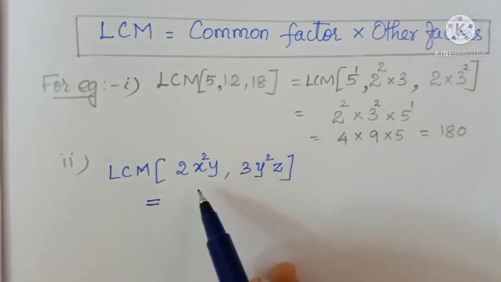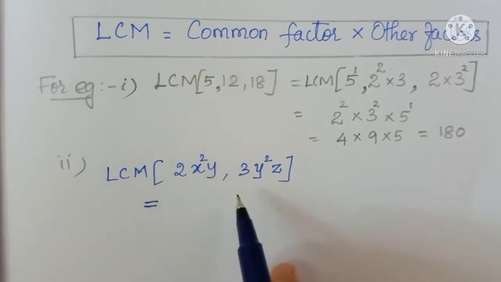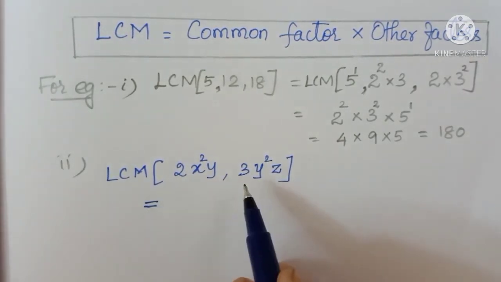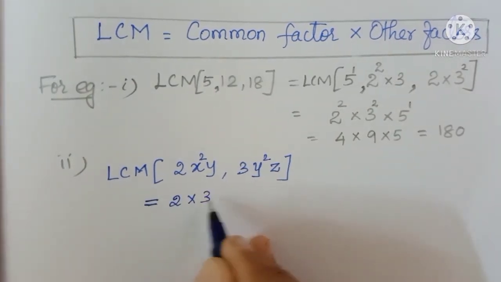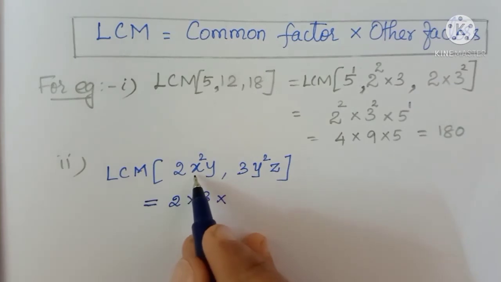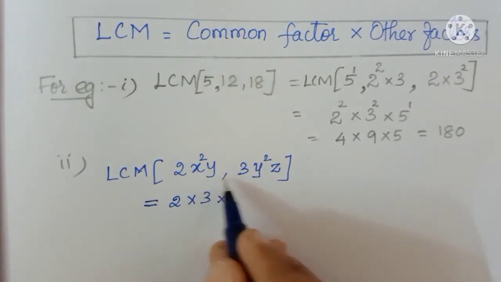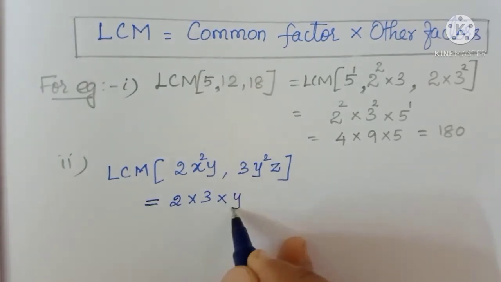The same idea we use in algebra also. LCM of 2x squared y, 3y squared z. Look at the first numbers in these two: 2 and 3 are both different numbers, so we can write both of them first. Then, x squared variable is here, but there is no x variable in the other. The y variable is in both; here y squared is there, so the highest power of y is y squared.